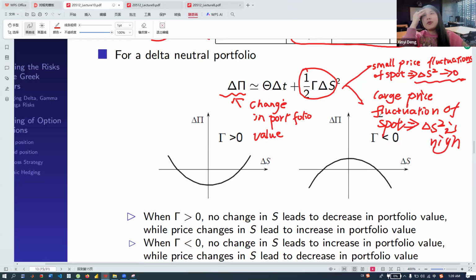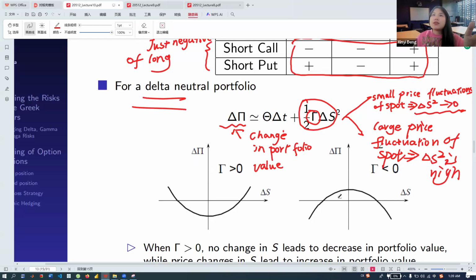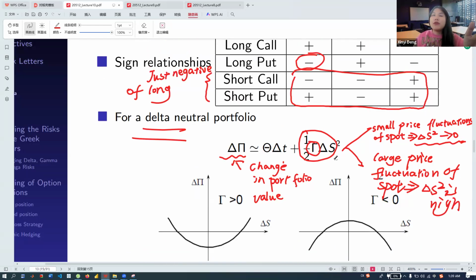So you can basically see that for high price movements, if your portfolio is only delta neutral and gamma is not equal to zero, then your portfolio value will still be influenced by large price fluctuations, although it's not influenced by small price fluctuations.